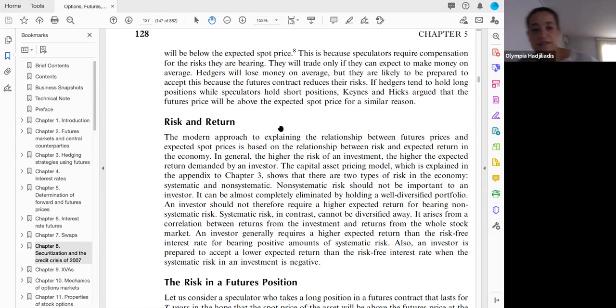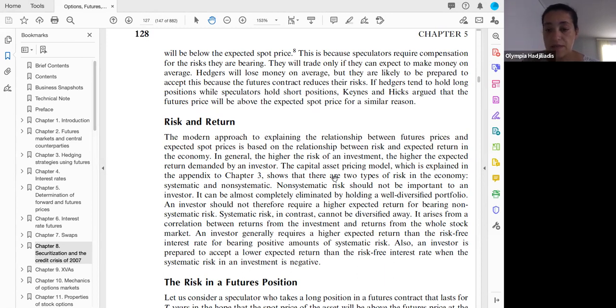Now, risk and return. So the modern approach to explaining the relationship between futures price and expected spot prices is based on the relationship between risk and expected return in the economy. In general, the higher the risk of an investment, the higher the expected return demanded by the investor.